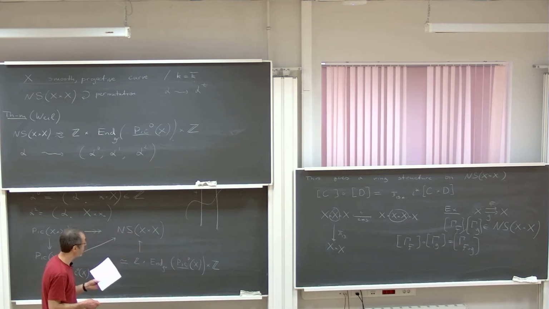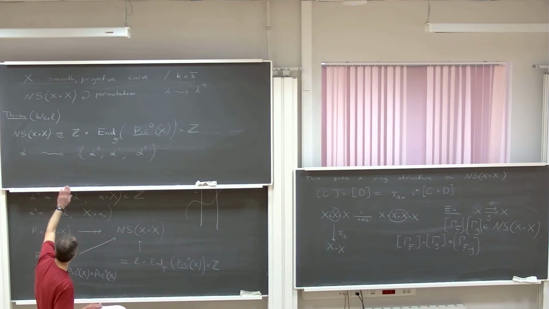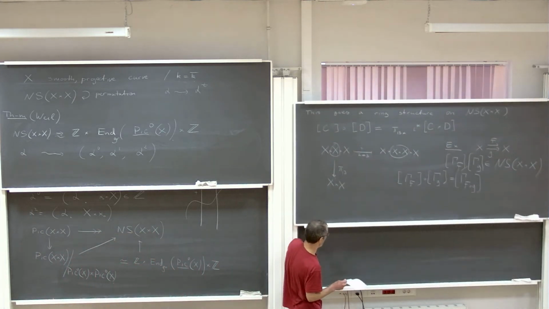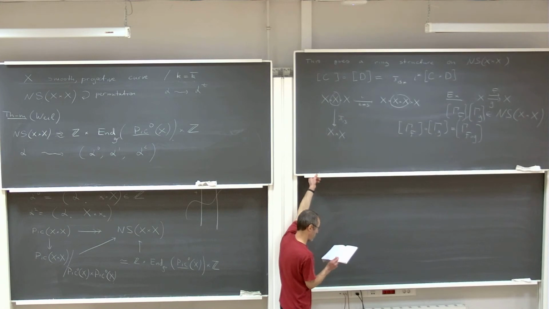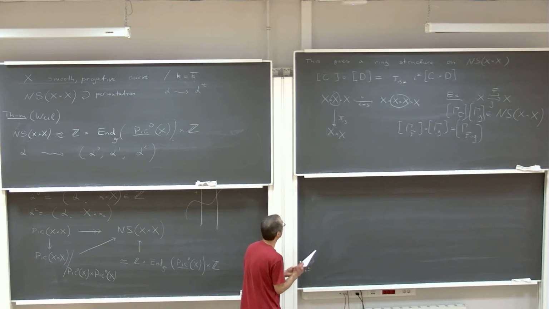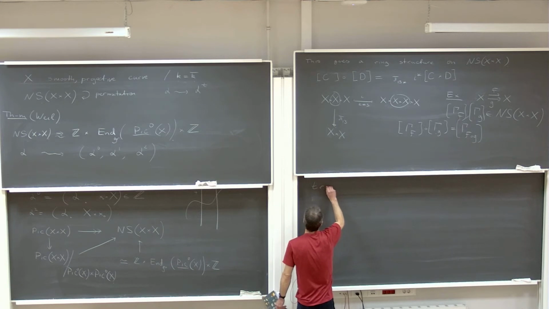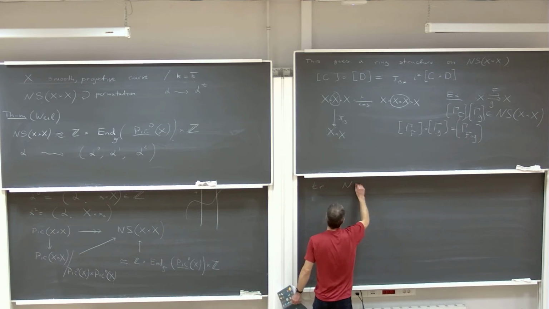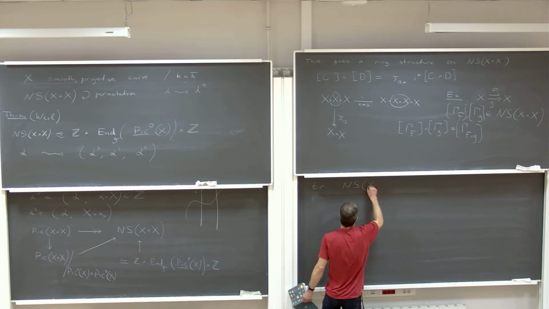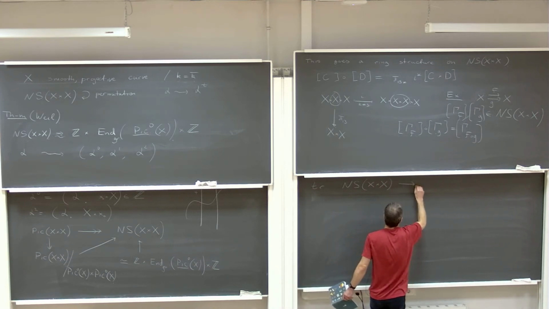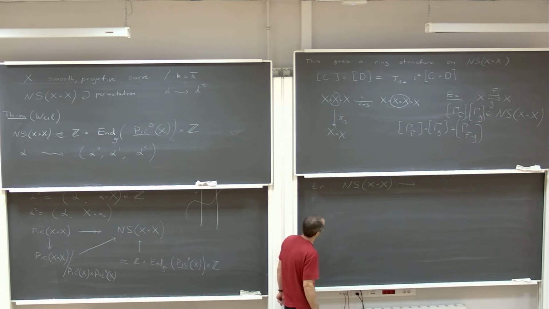So what else do we have on this ring? What other structures do we have? Well, we also have the trace, the map that I call the trace map, from the Néron-Severi group of x times x to integers.